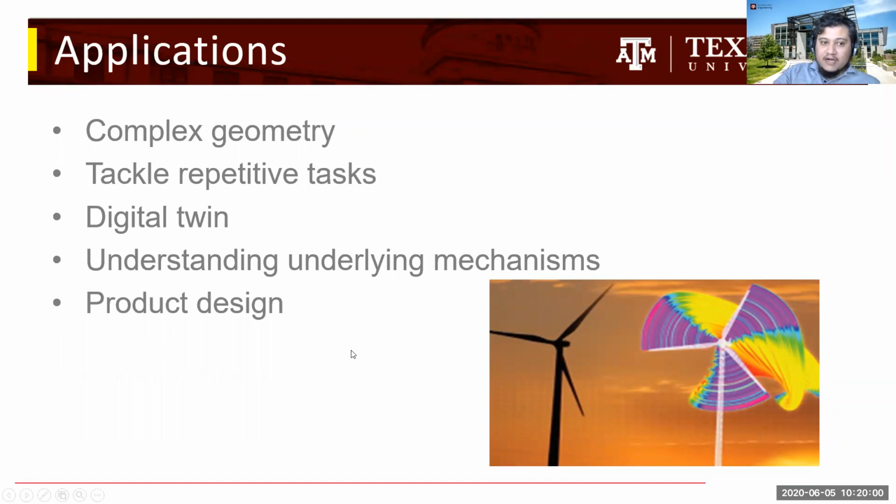Once we have a digital twin of that actual physical system, you can run many experiments without spending a lot of time, effort and resources on real world experiments. Rather, you can just do those things in the digital world using computations.